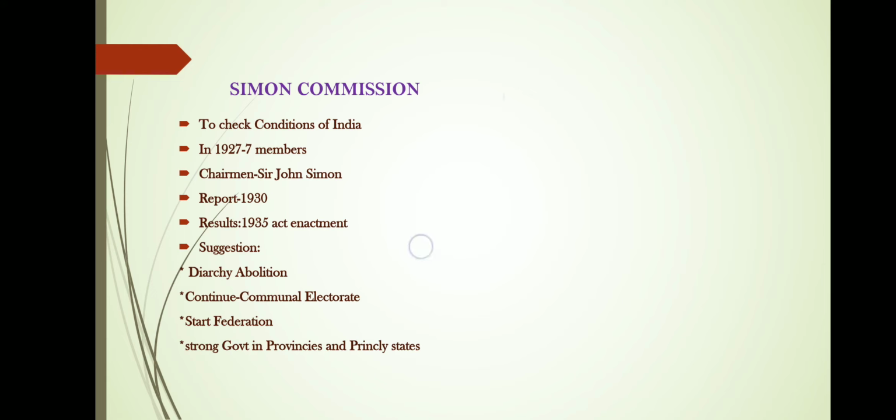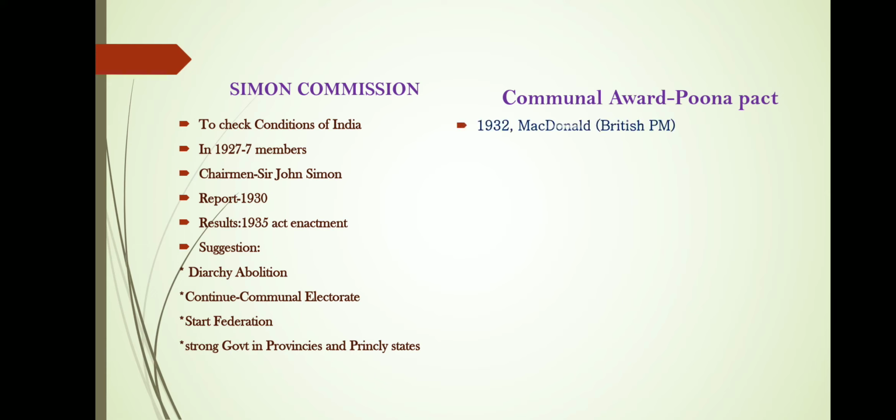The next one is the Communal Award or Pune Pact. This is also one of the important aspects given in the Laxmikanth book. It was in August 1932 that Ramsay MacDonald, the British Prime Minister, announced a scheme of representation of the minorities, which came to be known as the Communal Award.